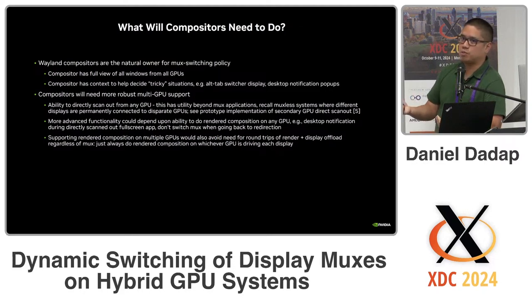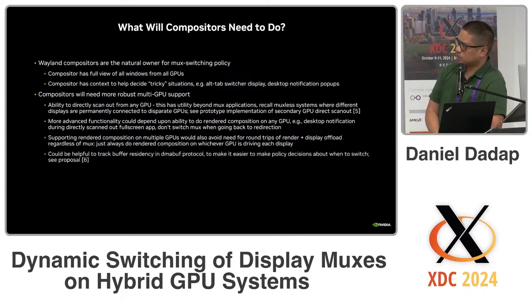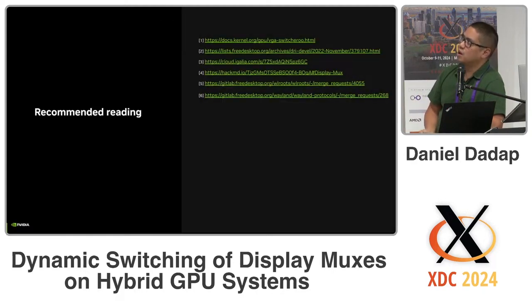If you can do rendered composition, always do rendered composition on the GPU that is actually connected to the display, then you will avoid the need to do that round trip render and display offload dance. And another thing that could be helpful is tracking buffer residency as part of the DMA buffer protocol. That's just nice information for the compositor to help make these decisions, if it can easily know which GPU owns which buffer, and more information to drive that policy.